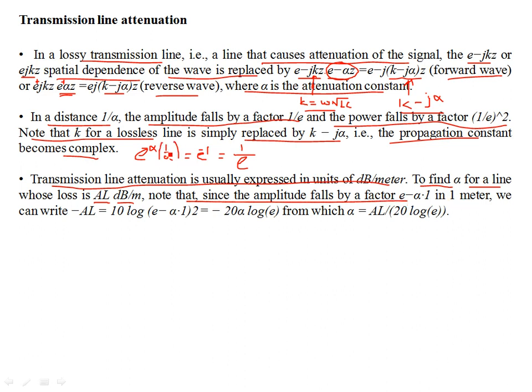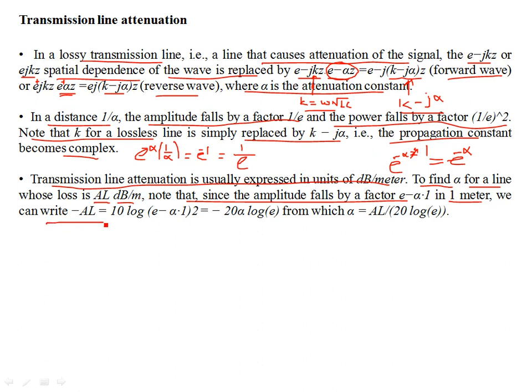For 1 meter, z is 1, and that is equal to e^(-α). So this is how your amplitude is going to fall in 1 meter.